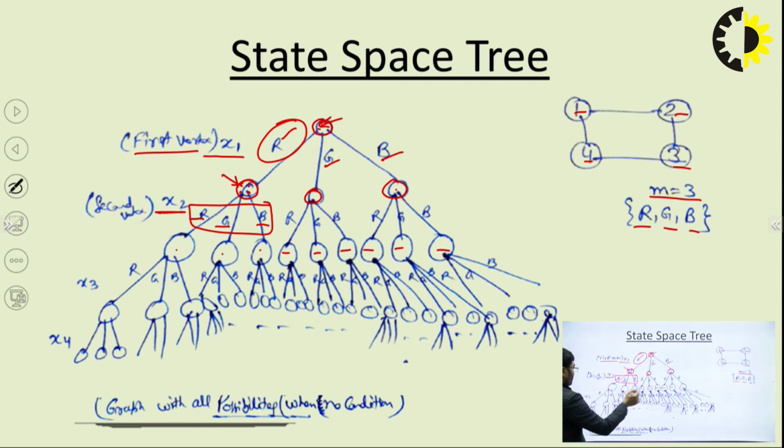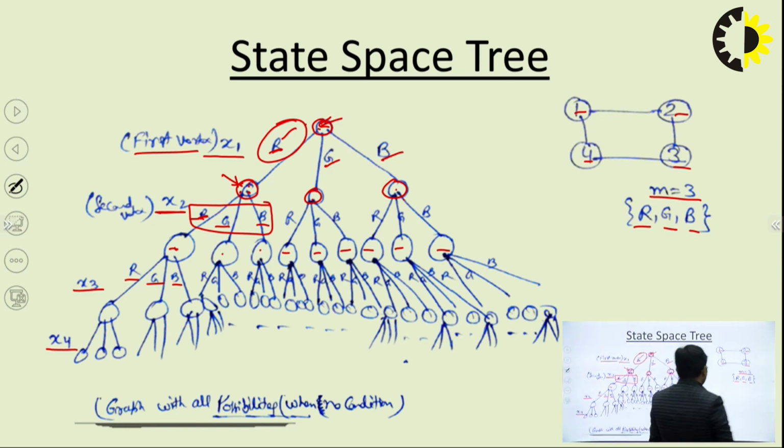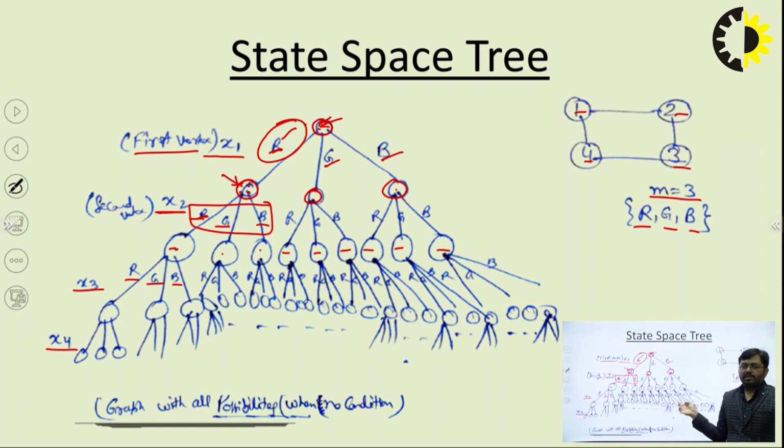Now come to this part. Here we have chosen red for vertex 1, red again for vertex 2, then for vertex 3 we again have 3 options. Similarly, from each node we have 3 options for coloring vertex number 3. Similarly for vertex number 4, this is the graph with all possibilities, with the vertices in all possible colors.